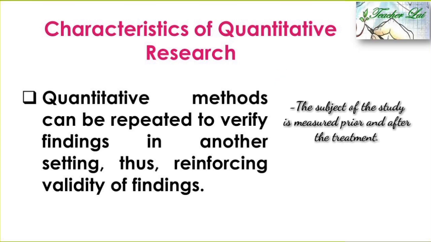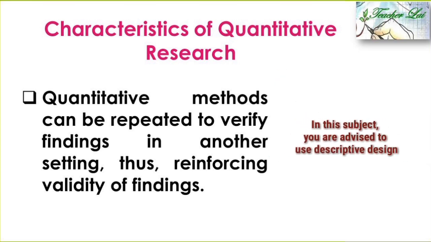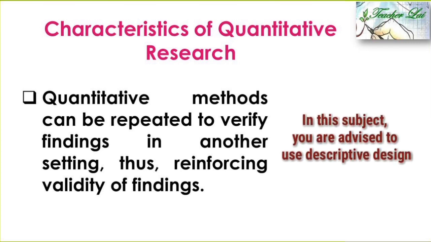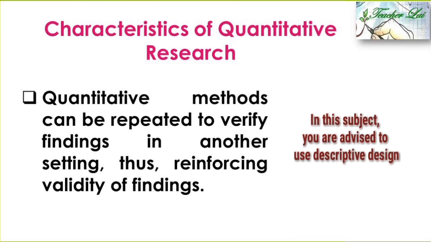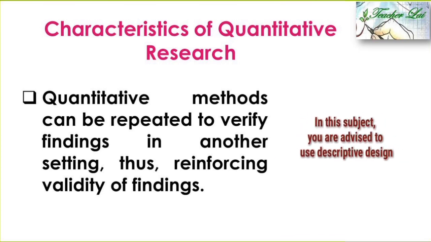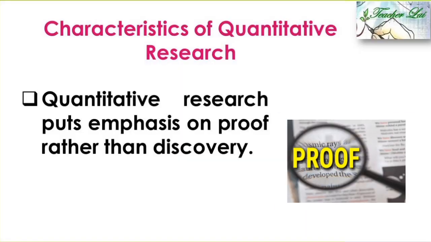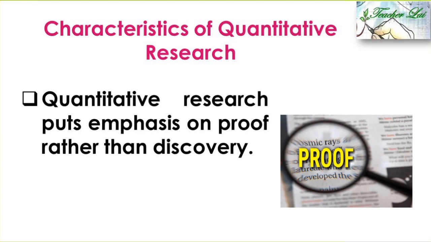But in this subject, you are just advised to use descriptive type of research. You will describe the responses of your respondents by presenting tables and provide interpretation of your treated data using frequency, percentage, and group mean.